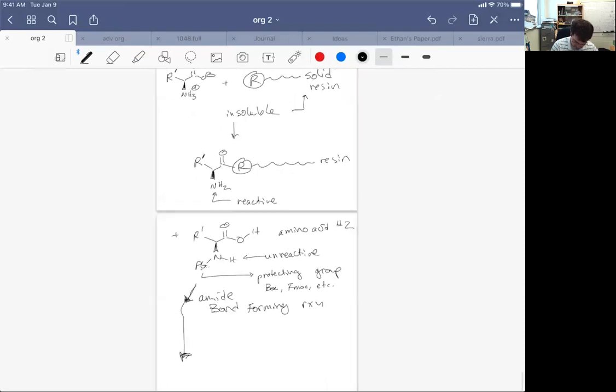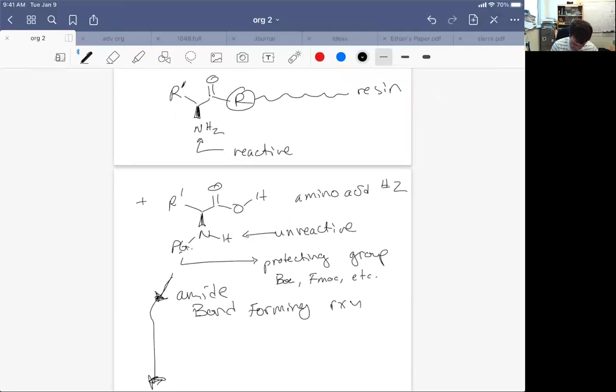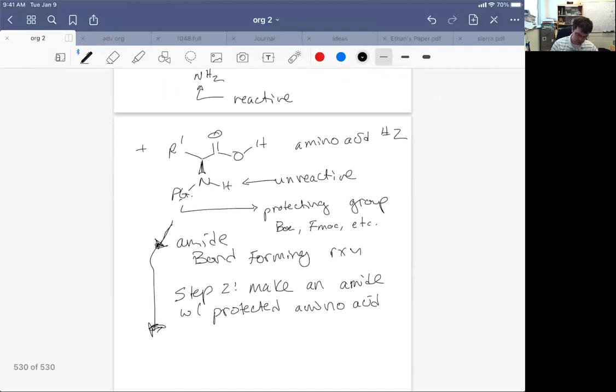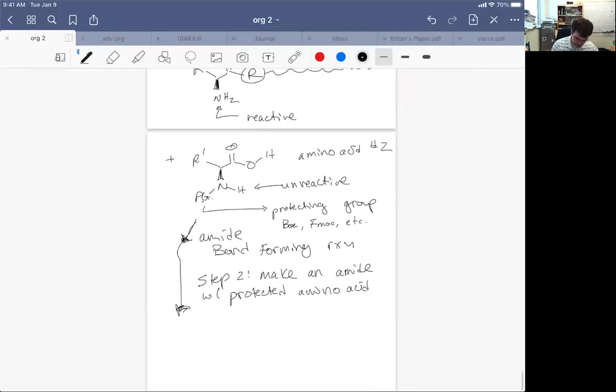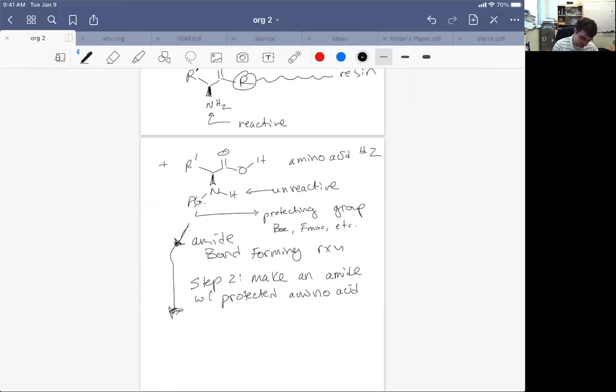And that gets us into step 2. I'm going to zoom out. I just want to make sure I'm still kind of formatting things. So step 2, make an amide with a protected amine, amino acid. So when we make the amide, what we're doing is we're taking the reactive nitrogen and we're engaging that with the carboxylic acid on the unreactive nitrogen-containing amino acid.